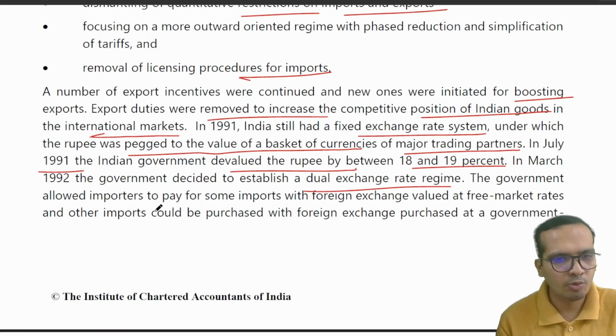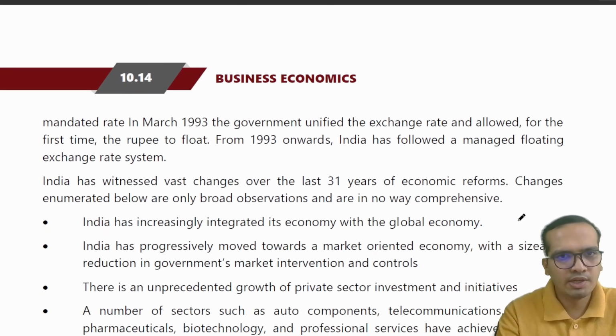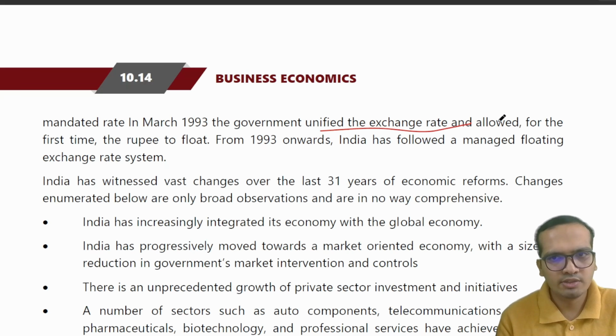The government allowed importers to pay for some imports with foreign exchange valued at free market rates, and other imports could be purchased with foreign exchange purchased at the government mandated rate. In 1993, the government unified the exchange rate and allowed for the first time the rupee to float, meaning a floating rate. From 1993 onwards, India has followed a managed floating rate in exchange rate system.